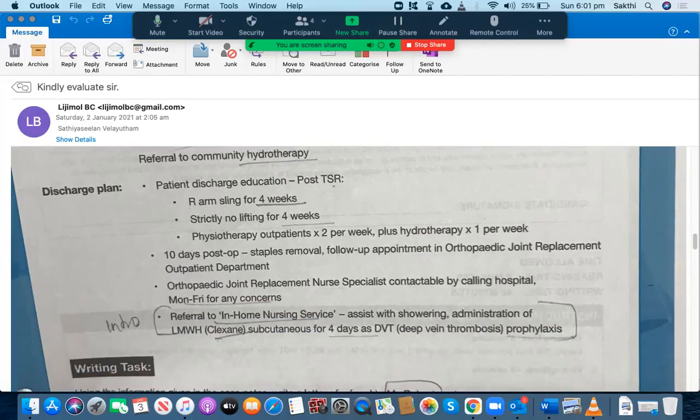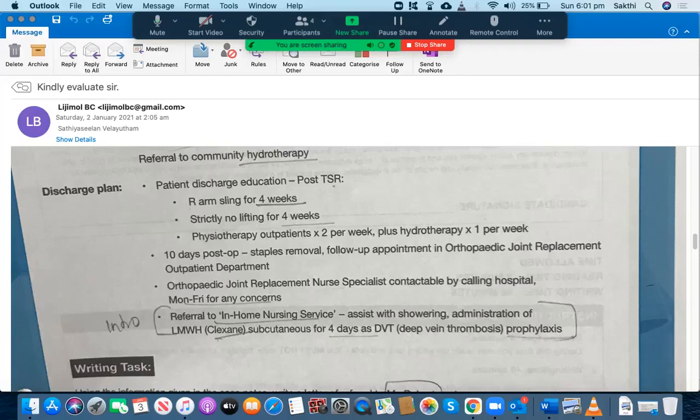Like what the patient is asked to follow. So right arm sling for 4 weeks, strictly no lifting for 4 weeks, and then instead of writing 4 weeks, we can change it to 1 month. Do you know what I mean? Yeah. Staples removal follow-up appointment.